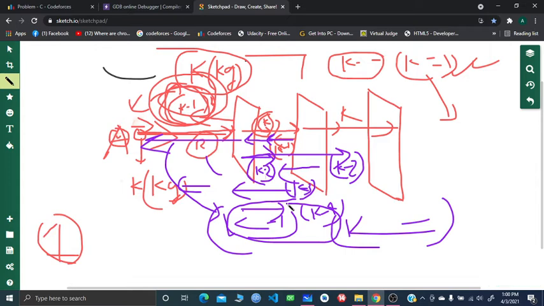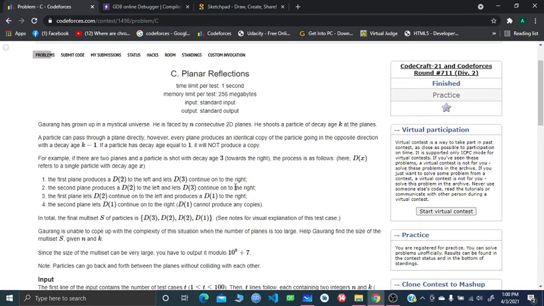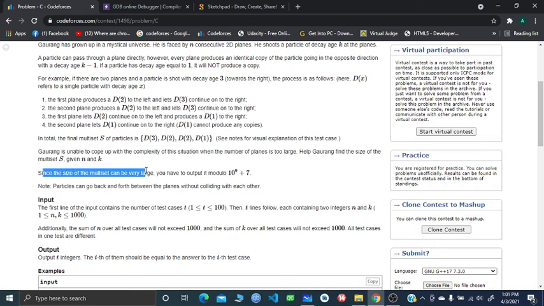So it actually becomes a very complex situation. Just in between two barriers, look how many possible interactions or particles can begin. I'm talking about different particles. How many? Just imagine. That's exactly why they have stated that it's going to be very large.